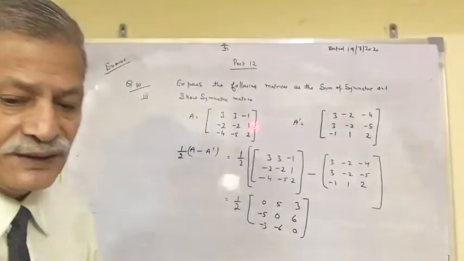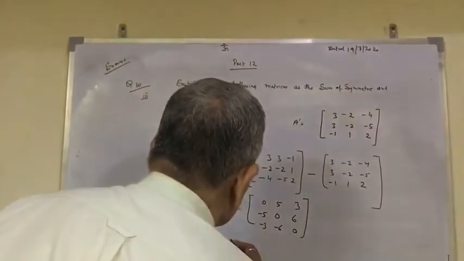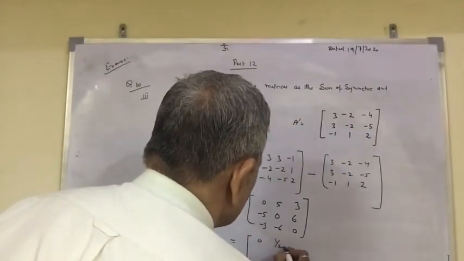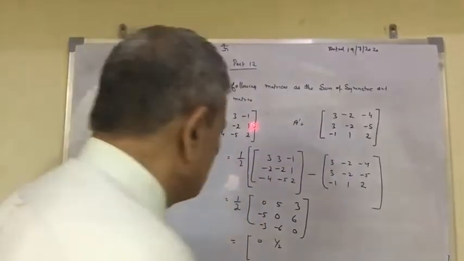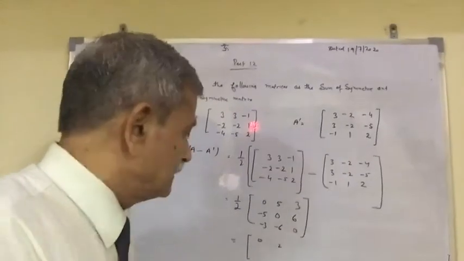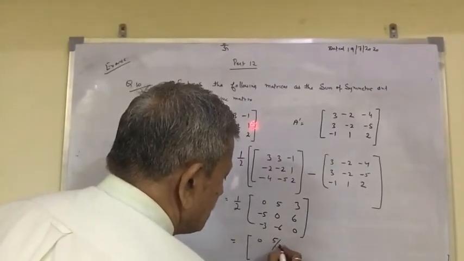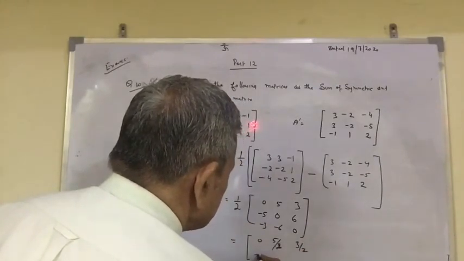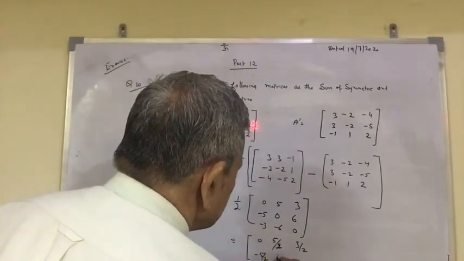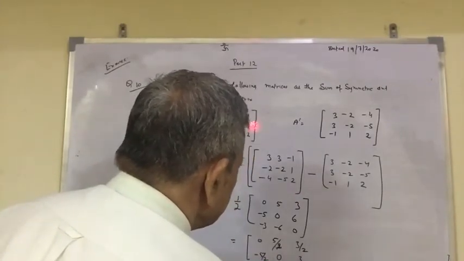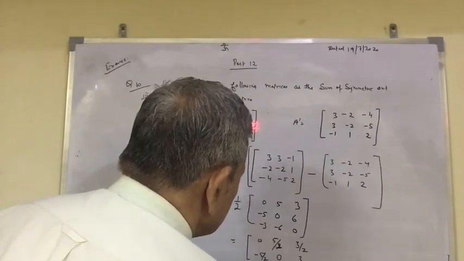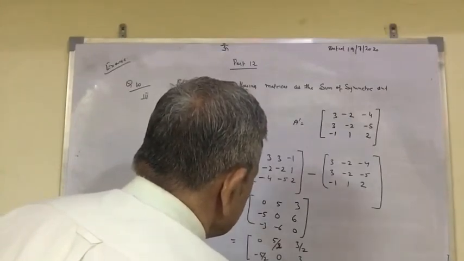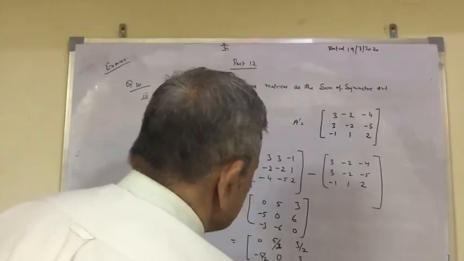So, after solving this one I will divide it by 2. Your matrix comes out to be, your first part is 0, second part is 5 upon 2, 5 upon 2, then 3 upon 2, then minus 5 upon 2, this is 0, this is your 3, then this is your minus 3 by 2 and this is minus 3 and this gives you your 0.